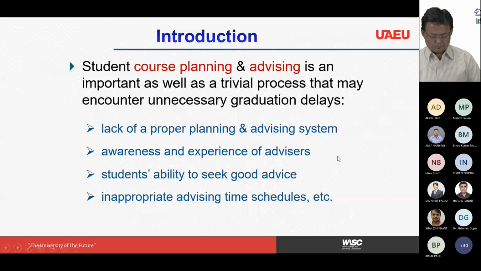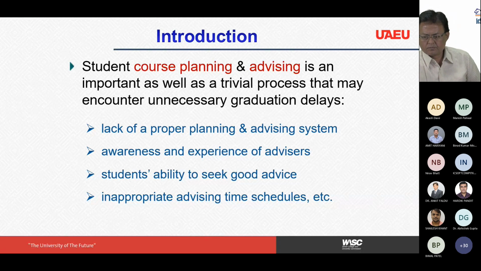There is the awareness and experience of advisors. With a large number of students, every faculty member is given a set of advisees, typically something like 30 to 50 students. And definitely new faculty members don't have that kind of experience to advise the students.